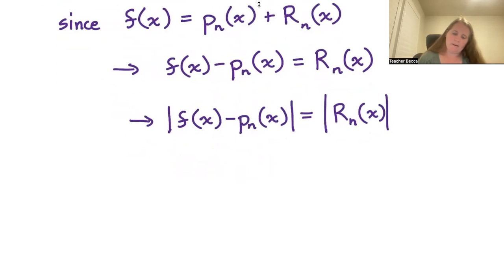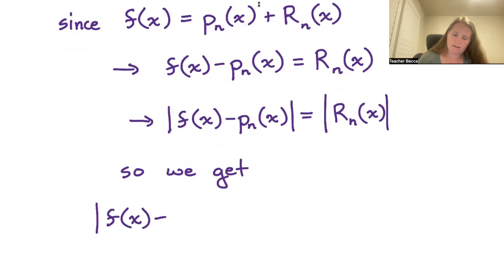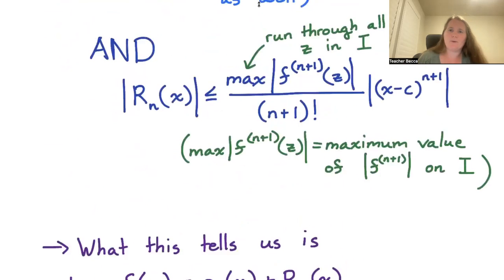So we get that the difference between f of x and P sub n of x is bounded by the same thing that Rn was bounded by.